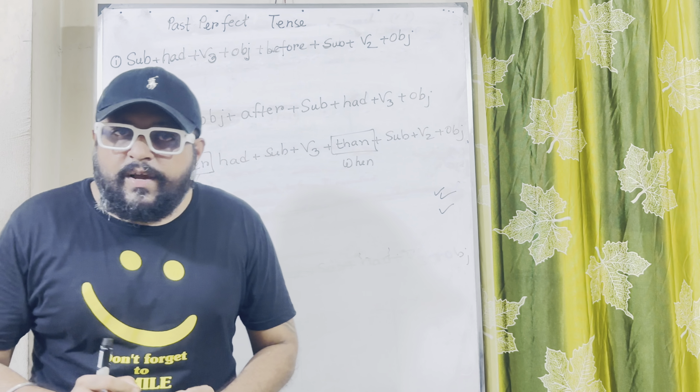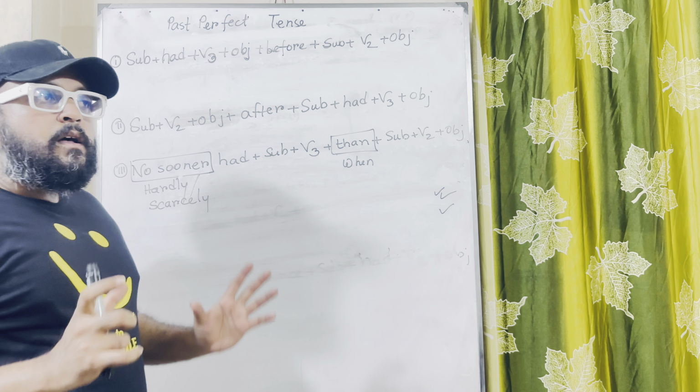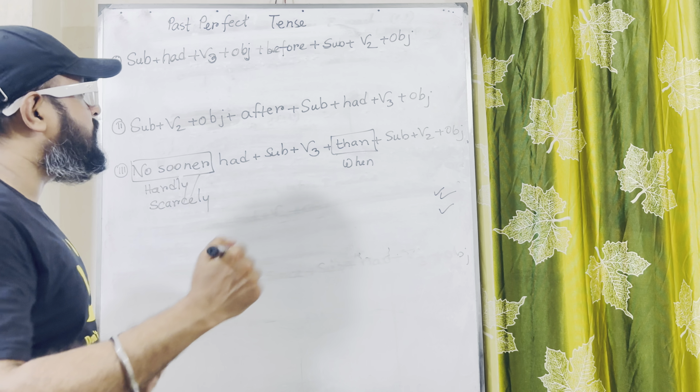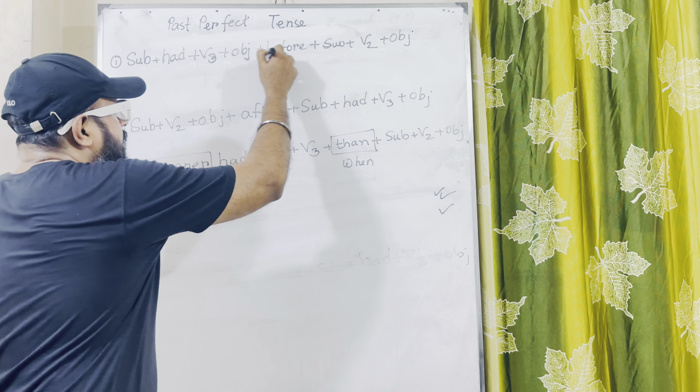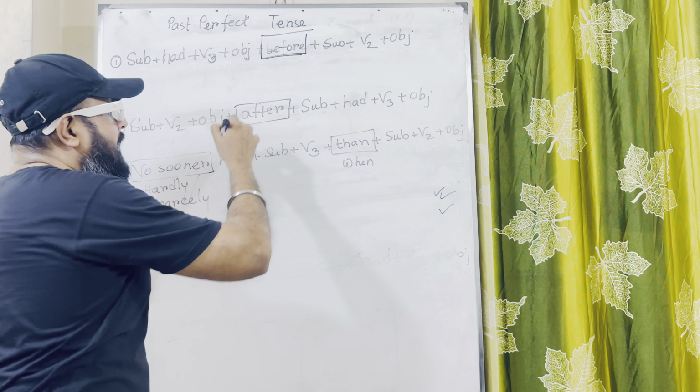So what is the trick? It follows several structures. The two most common structures of past perfect tense are the uses of conjunction before and after.